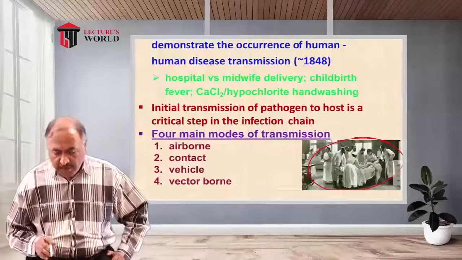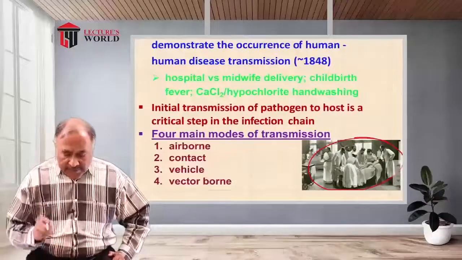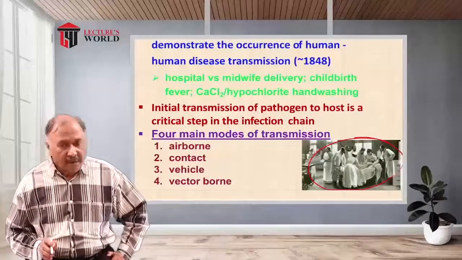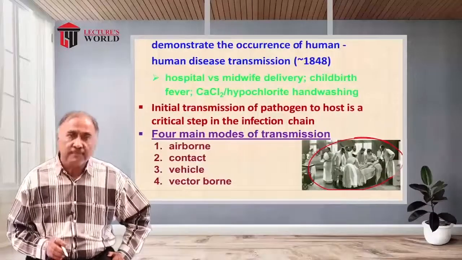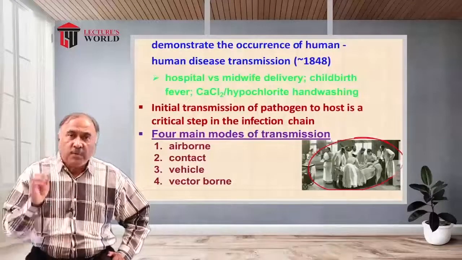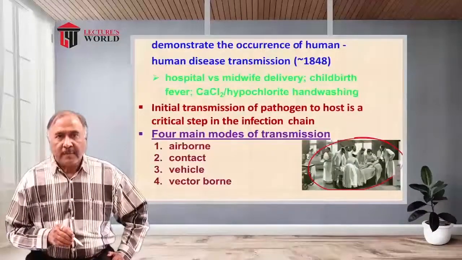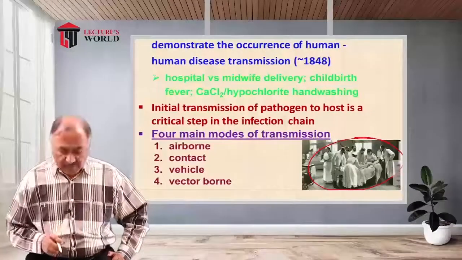So, initial transmission of a pathogen to the host is one of the most critical steps in the infection chain. The pathogen has to reach the host. That is what we call transmission.